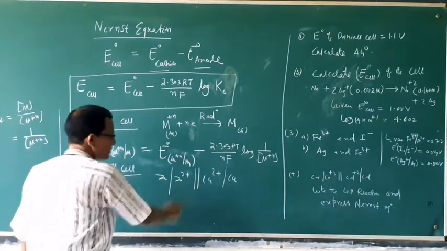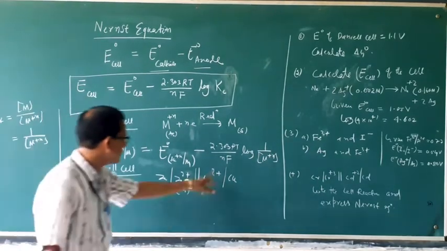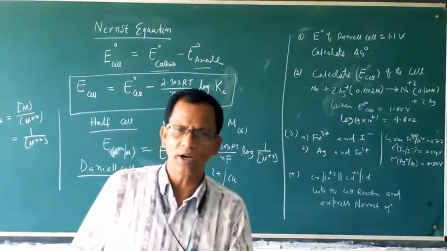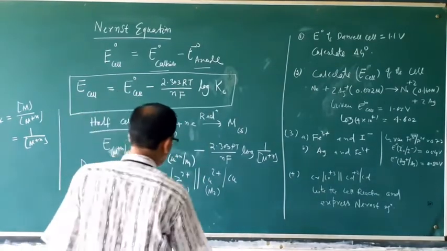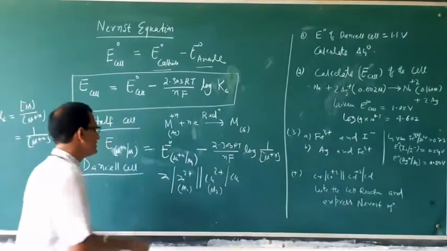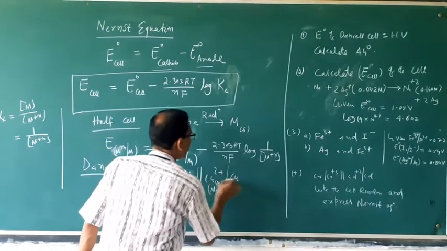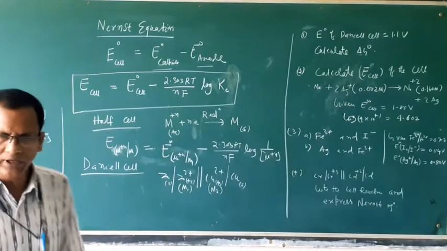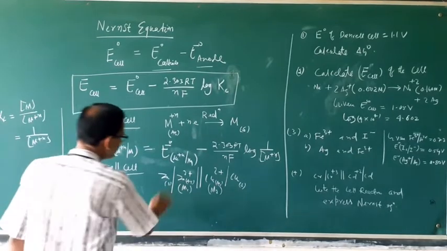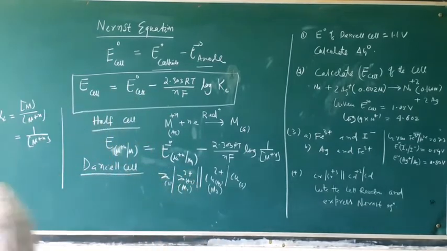Let the concentration of Zn2+ be M1 and the concentration of Cu2+ be M2, because the concentrations may be the same or different. This is your solid and this is your aqueous medium, this is your aqueous medium and this is your solid. This is the full representation of the Daniel cell. How will the cell potential of the Daniel cell be expressed? Let us discuss.